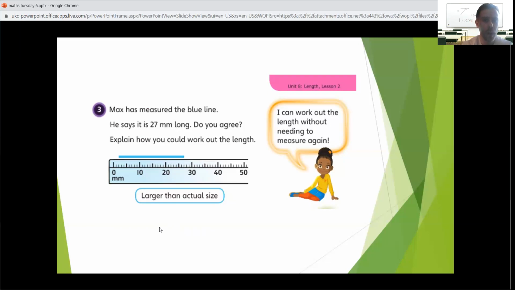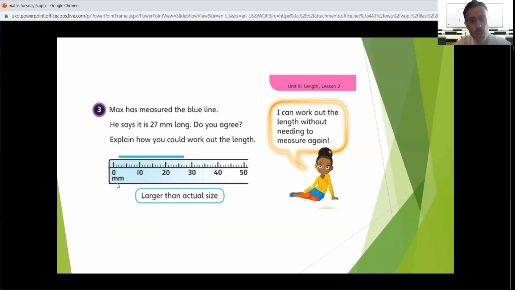All right, so Max measured the blue line. He said it was 27 millimeters long. Do you agree? No, I don't. It's not. Even though, if we look carefully at our millimeters, it does go to the 27. He's not put it at the start, Max. He's not started at 0. You dope.